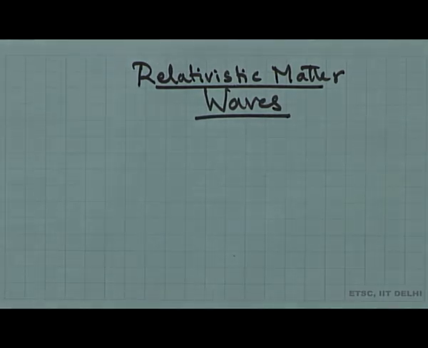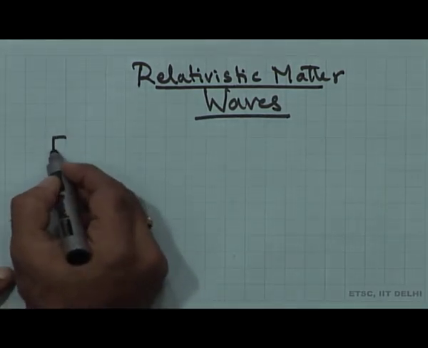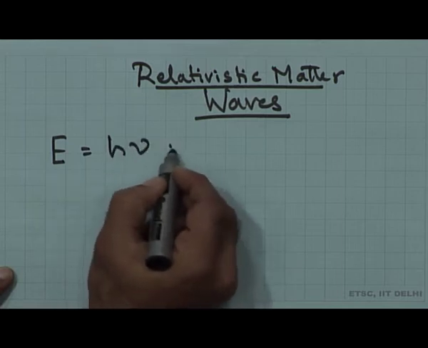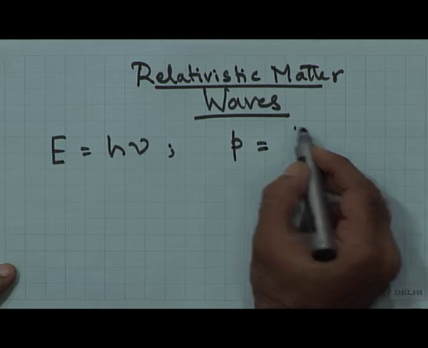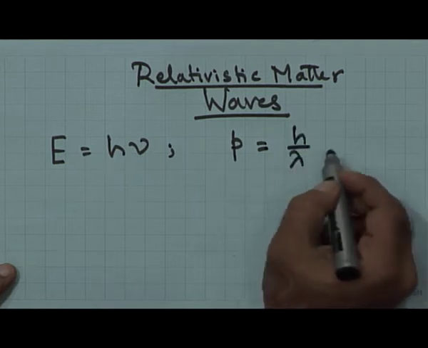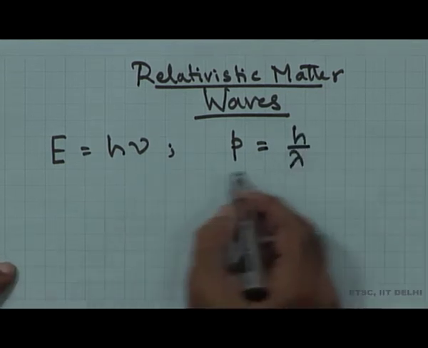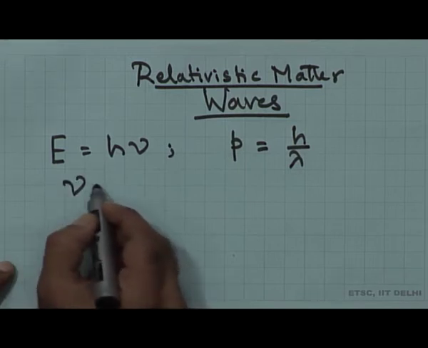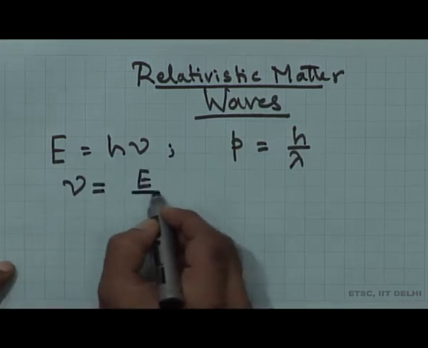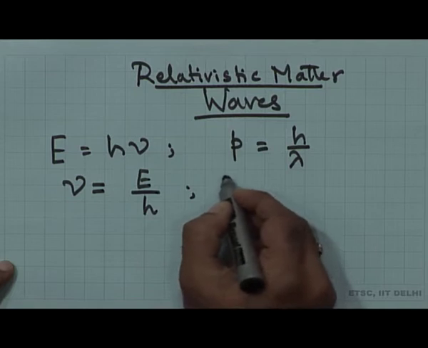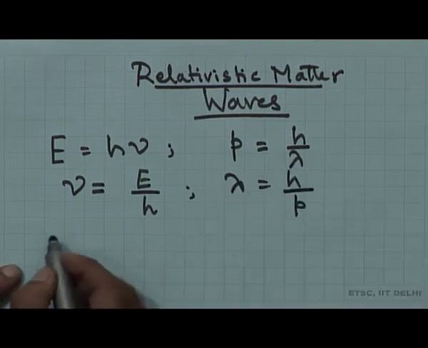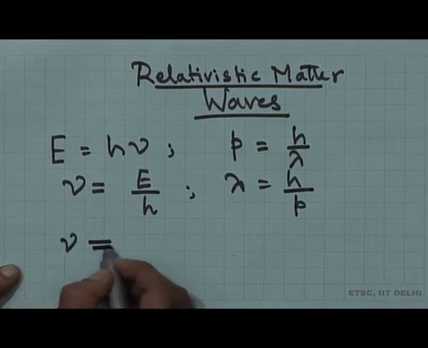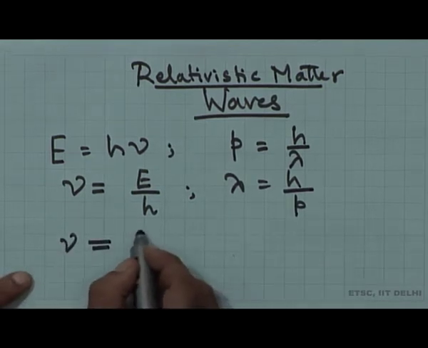My fundamental relations are still intact. E equal to h nu, p equal to h by lambda. That is what I have. Maybe again I should write nu equal to E by h, lambda equal to h by p. Therefore, my nu lambda, as in the earlier case, is given by E by p.